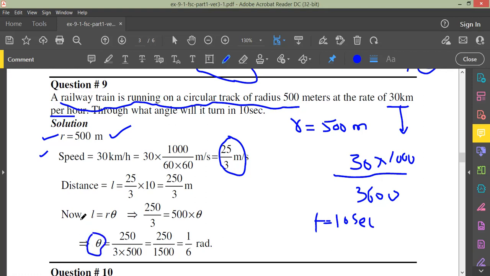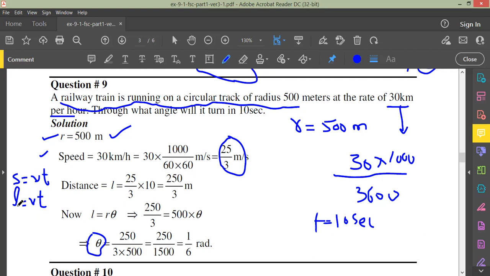Okay, so we know that this is our speed, S. We know that S is equal to V T. We can write it as L is equal to V T. V is equal to 25 over 3 and T is equal to 10.